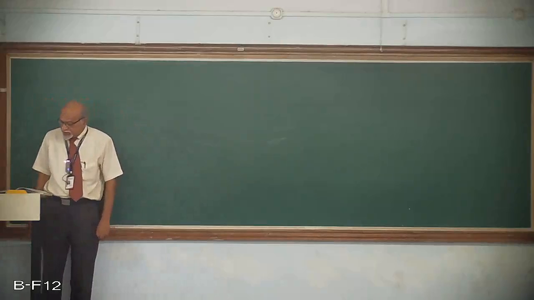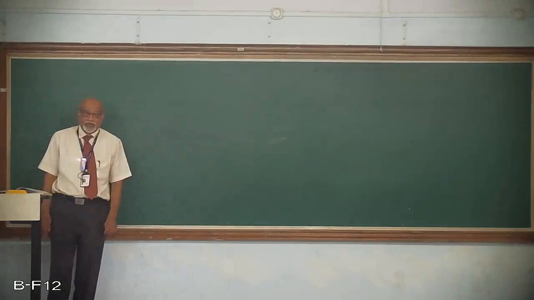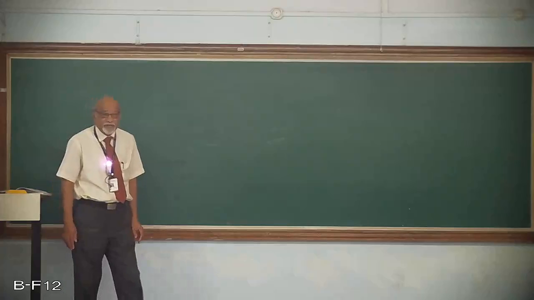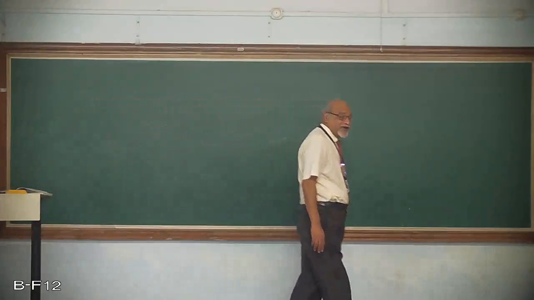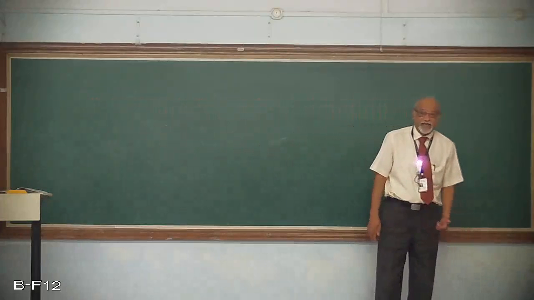In today's class, we are going to study how we take or collect the samples themselves. That means, what are the different sampling methods, and how to take the samples.